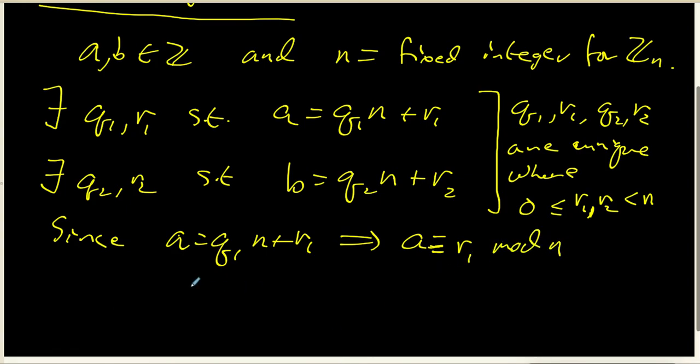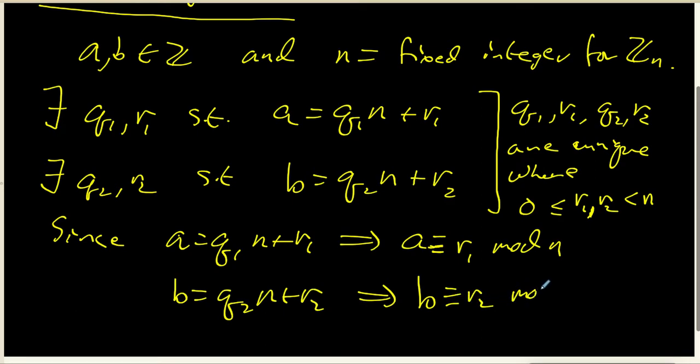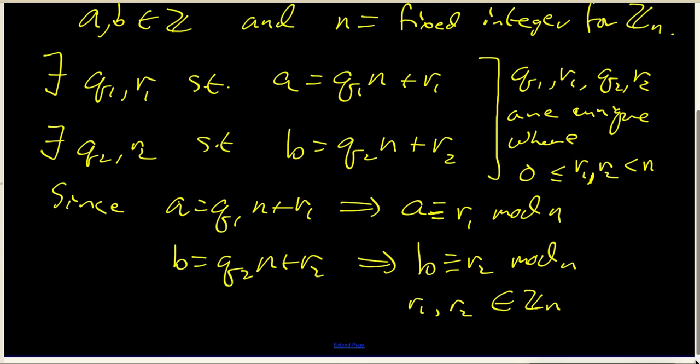mod n, and b being equal to this says that b is congruent to r2 mod n, and r1 and r2, of course, are legitimate elements of Zn, and so we know all about how to do the arithmetic in Zn for r1 and r2. There's one more thing that I also want to make a note of before moving on to another page.